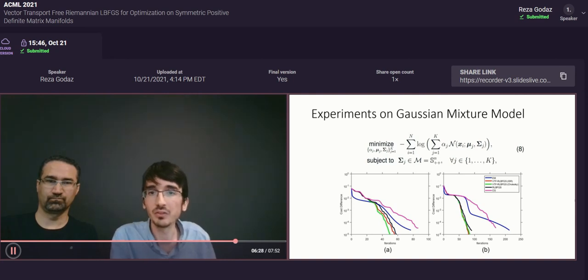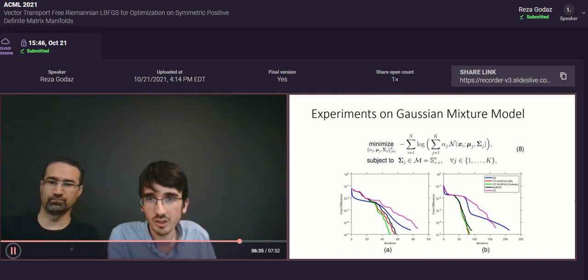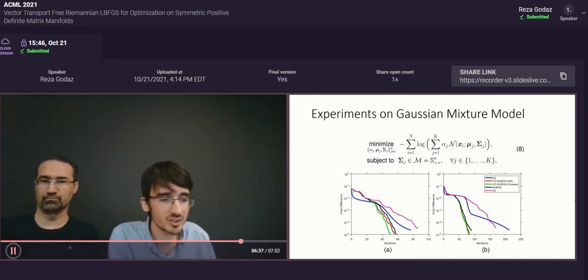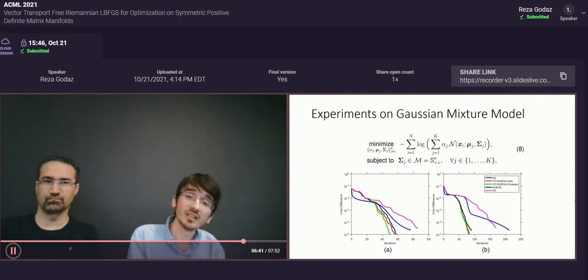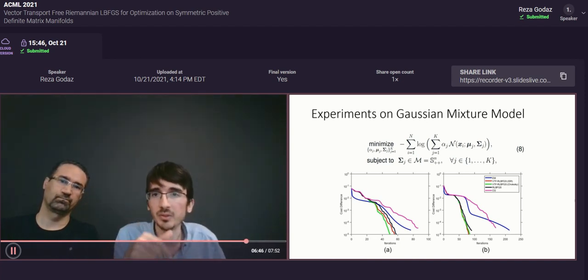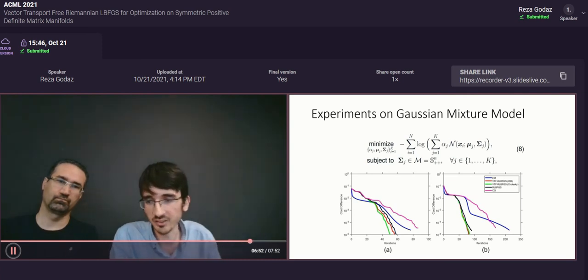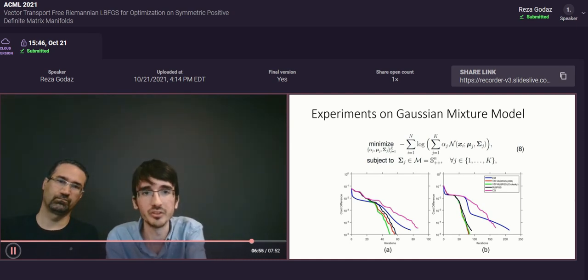We have compared with the expectation maximization algorithm for fitting a mixture model, as well as conjugate gradient and RLBFGS without our mappings. In the legend, VTF means vector transport free, which are our mappings, and ISR and Cholesky are the two mappings that we have proposed. We have outperformed all the baselines in terms of number of iterations. Also, we have found better local minimums.